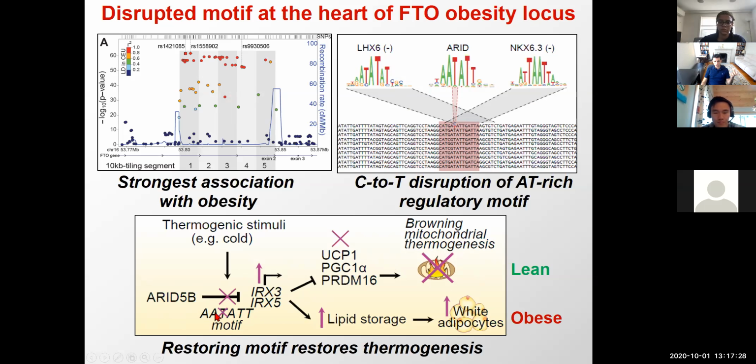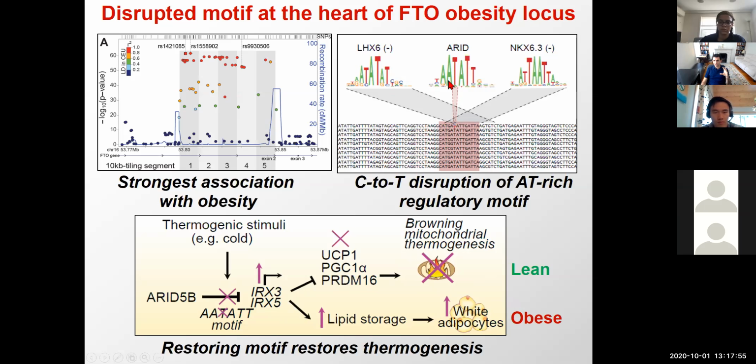The super enhancer becomes overactivated, and IRX3 and IRX5, two downstream target genes, which are 1.2 million nucleotides away and 600,000 nucleotides away, are in fact de-repressed, and they turn off thermogenesis and they turn on lipogenesis, leading to a shift from energy burning to energy storing, from calorie burning to calorie storing, and ultimately from lean to obese individuals.